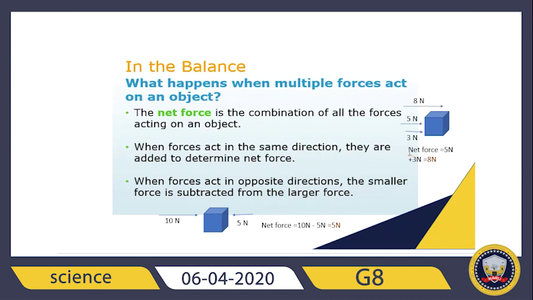So what about this one, guys? As we saw, we have two forces that are acting in opposite directions. Now what do you think? Is this object going to move to the right or to the left? Exactly, this object is going to move to the right, because this force is greater than this one.